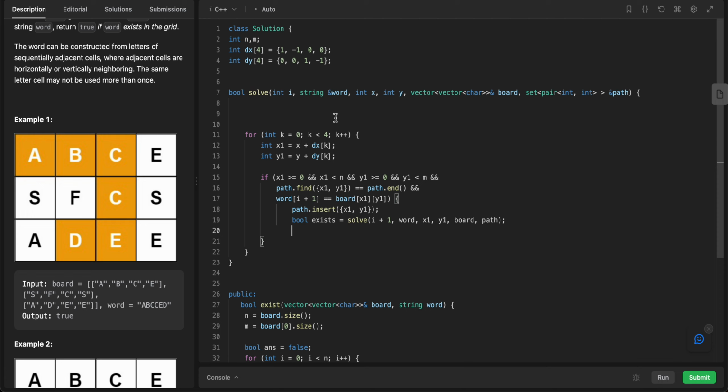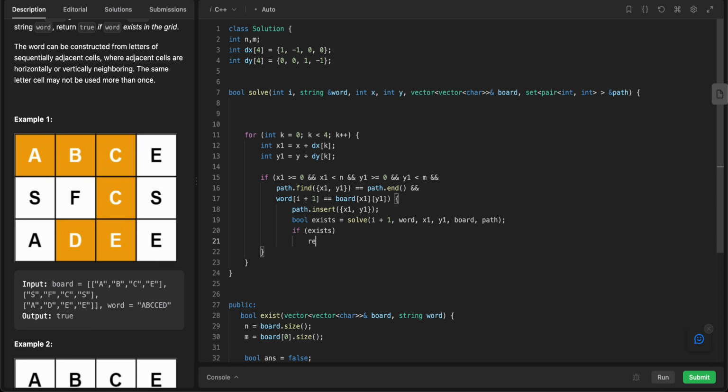So what did I do? From here, i, xy, I checked x1 y1. If from x1 y1 and i plus 1 it is possible, then okay. If exists is true, that means yes, it is true. If exist is true, we can return true.